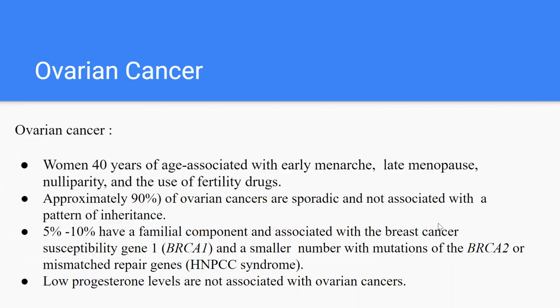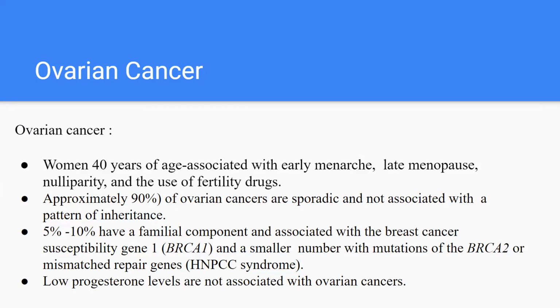Ovarian cancer, another common one that you will see in women over 40 years of age, especially with early menarche, late menopause, nulliparity, and then use of birth control or fertility drugs. Patients also have a familial component to ovarian cancer, with those who have family history of breast cancer susceptible to BRCA1 and BRCA2 because of the mismatch repair gene syndrome, HNPCC syndrome.